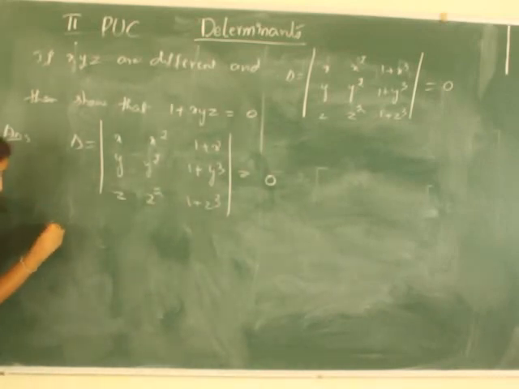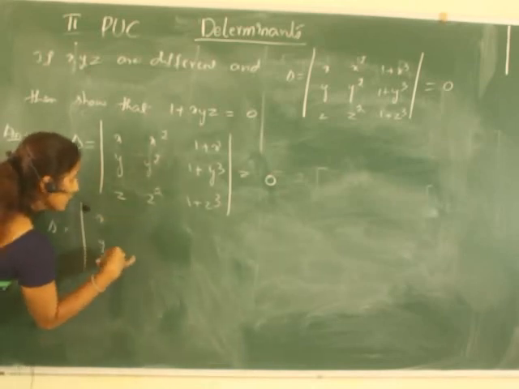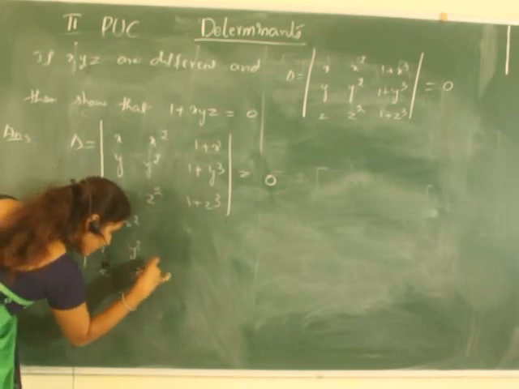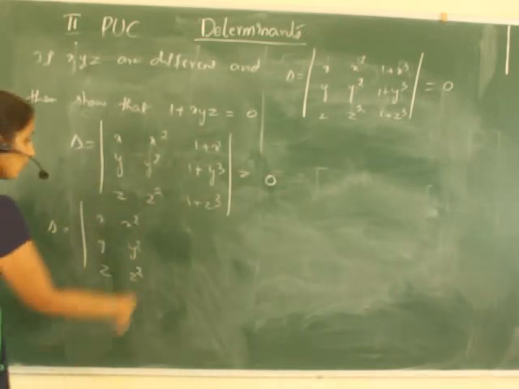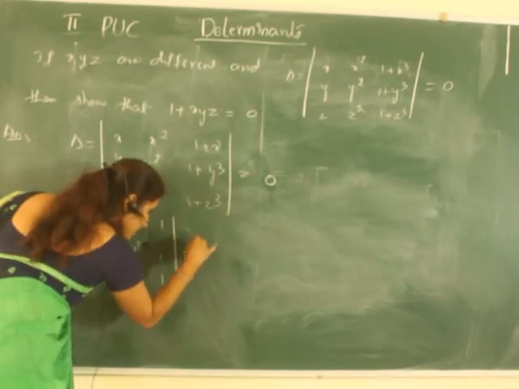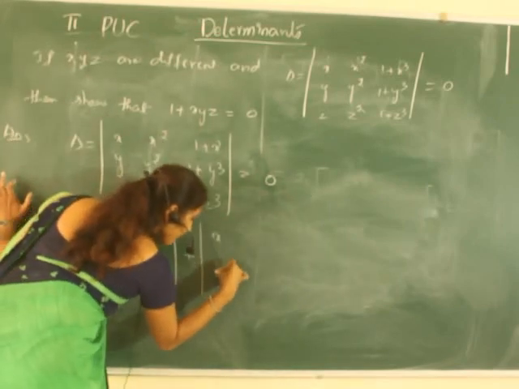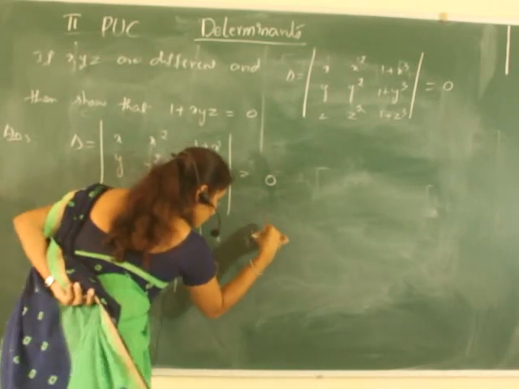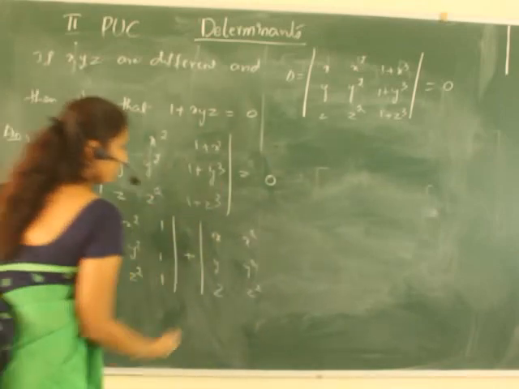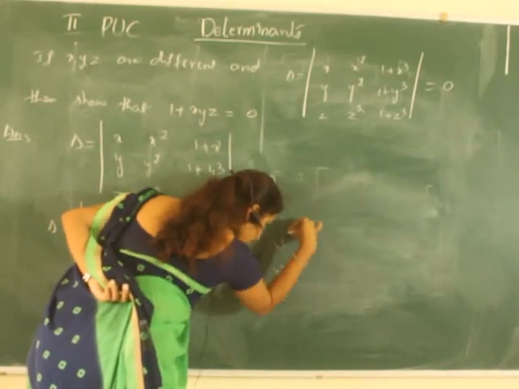So delta can be written as the determinant of x, y, z; x square, y square, z square; 1, 1, 1, plus one more determinant of x, y, z; x square, y square, z square; x cube, y cube, z cube.